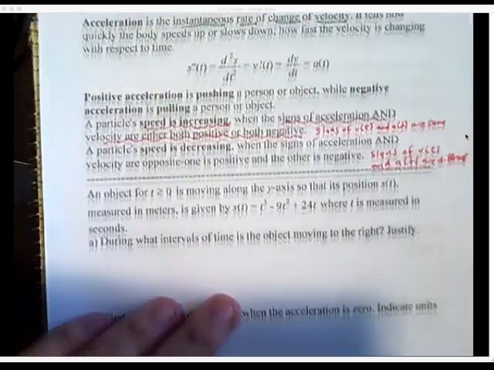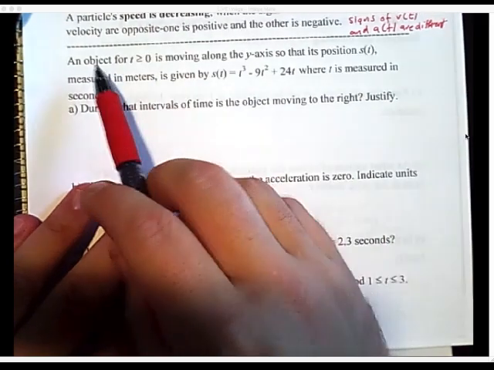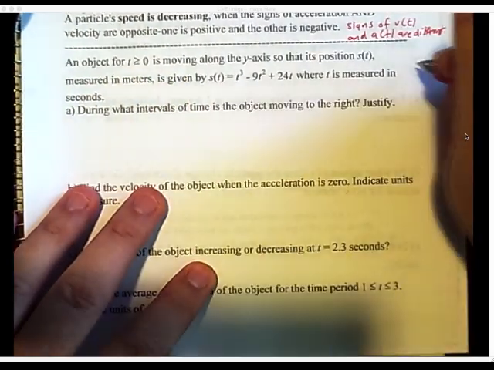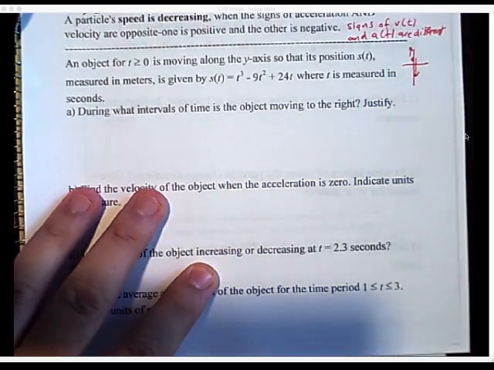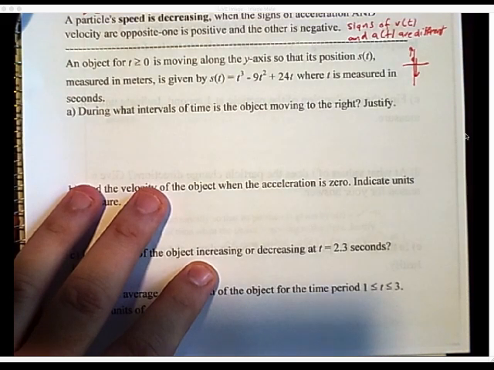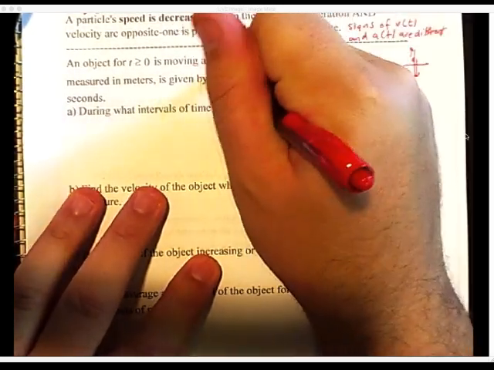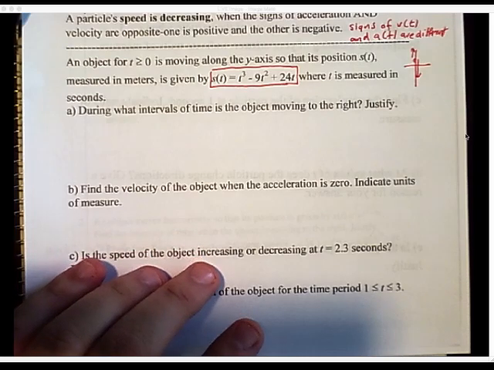Okay, so let's do some practice problems here. An object for positive time is moving along the y-axis. So if you want to think about this, a particle is moving up and down the y-axis, so that its position, s of t, measured in meters, is given by this function, where t is measured in seconds.